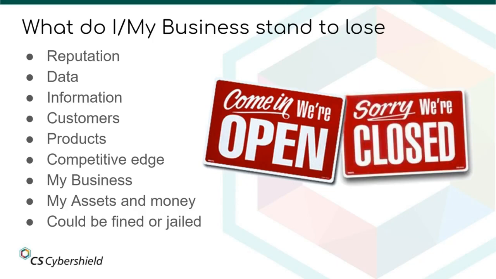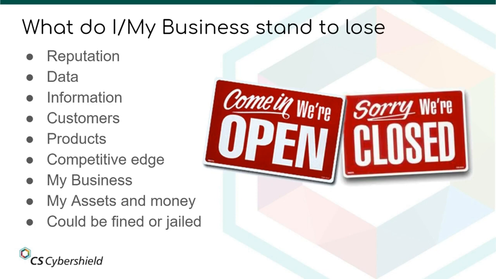What do I and my business stand to lose? So we've seen the three assets that bind to a business: the hardware, the software, and the data. This is a more elaborate list of what those lead to, and all the other facets to a business: the reputation, the products. So the products link to the intellectual property, the code you write, the processes that you put in place in your business.